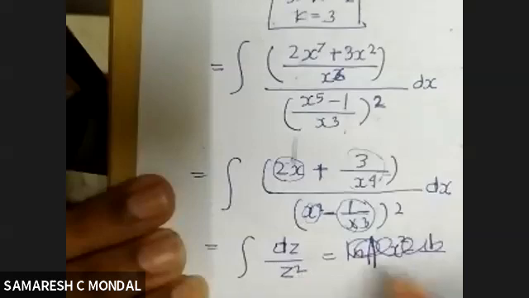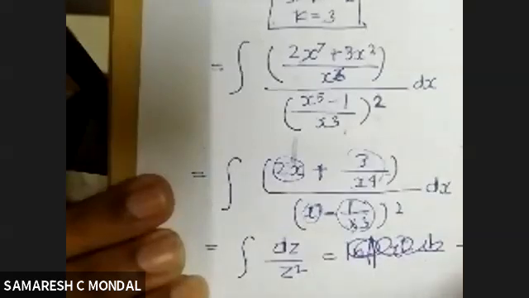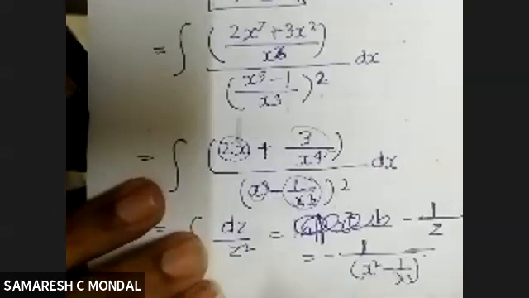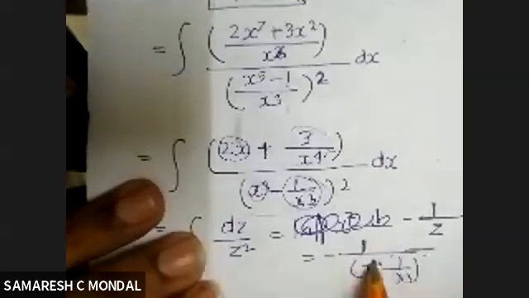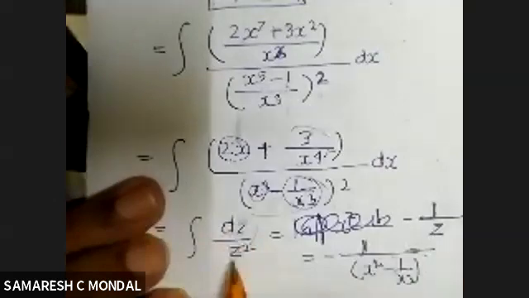Oh, sorry, not ln, z square. I'm wrong. So it's like minus 1 by z. If you simplify, you'll get the answer. That's what I was trying to say. If it remains same, it could have been something like dz by z.